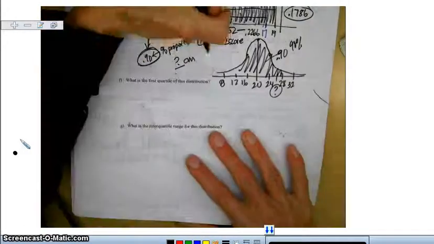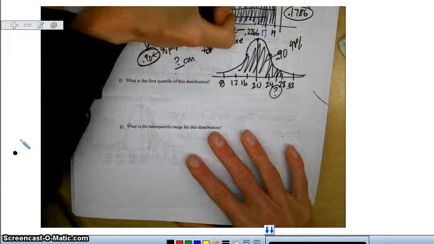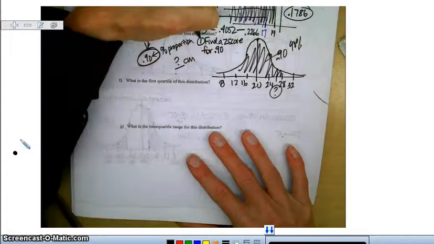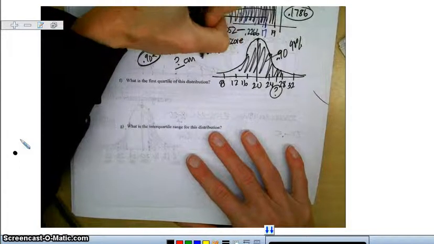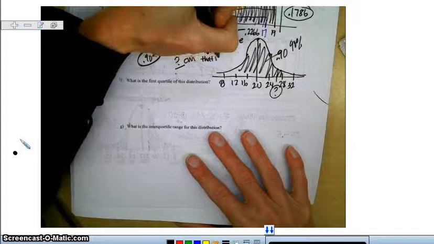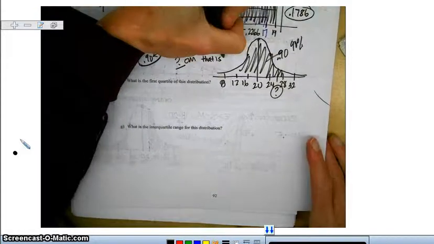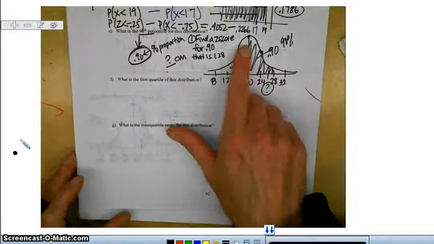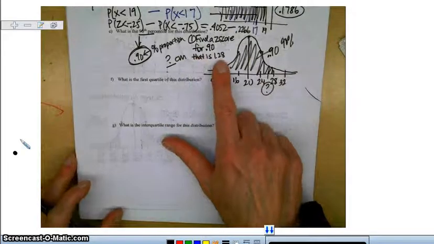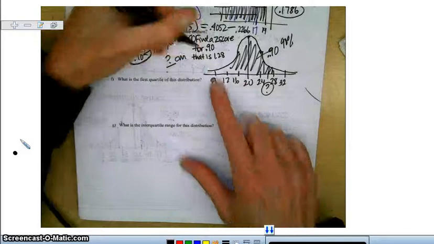So find a z-score for 0.90, that is 1.28.